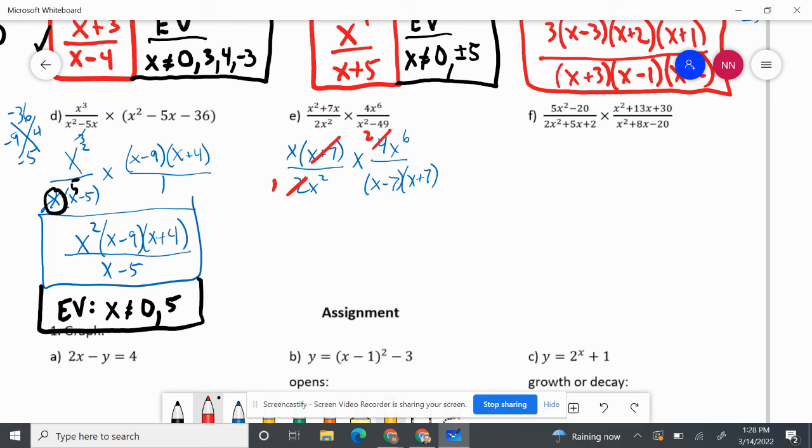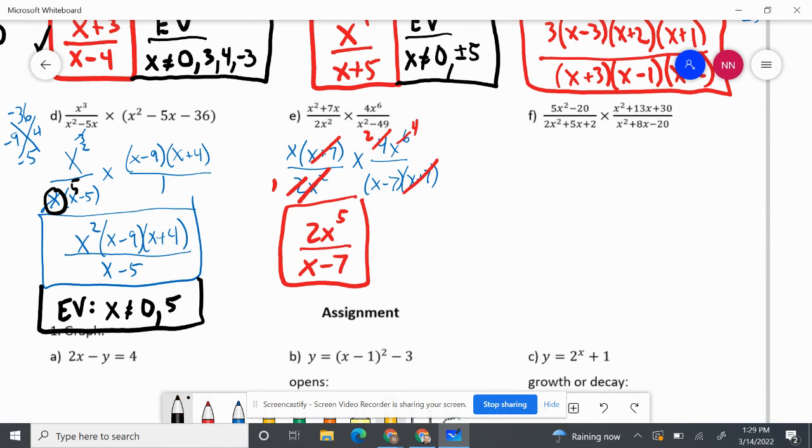We know that the x plus 7 cancels. x squared and x to the 6, whenever we divide, we subtract the exponents. So 6 minus 2 gives us 4. So our answer is x times 2x to the 4th, which would be 2x to the 5th, over x minus 7. So that's our simplified answer.